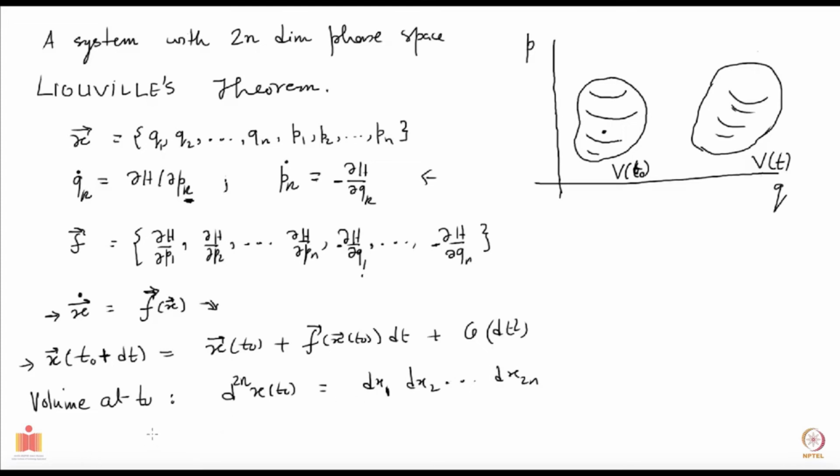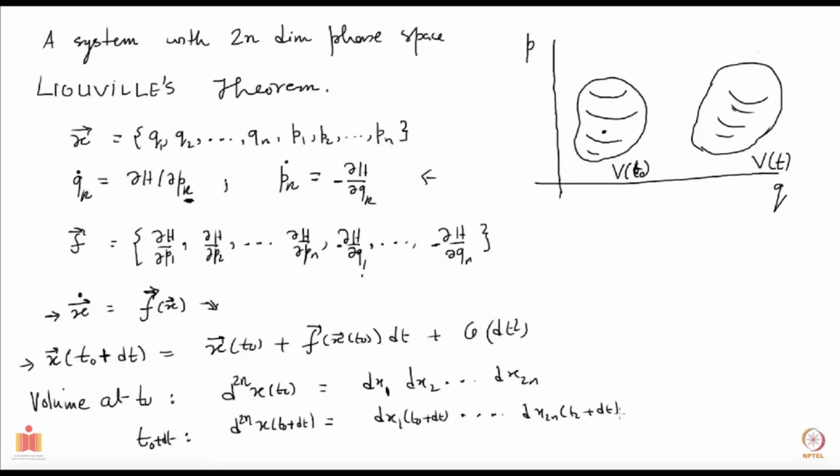And then at time t naught plus dt, you will have d2n x of t naught plus dt. Okay, which is again the same thing, similar thing, dx2n at t naught plus dt.